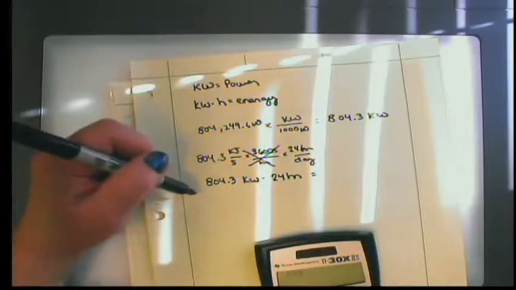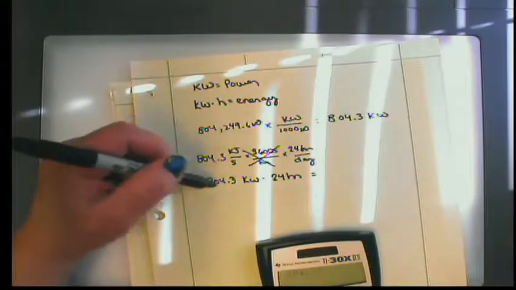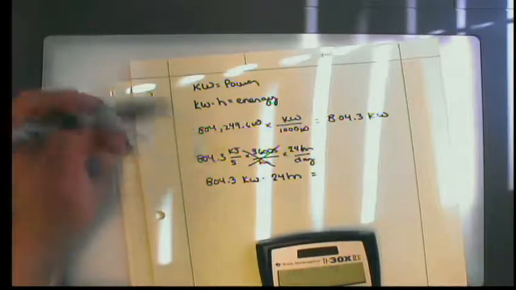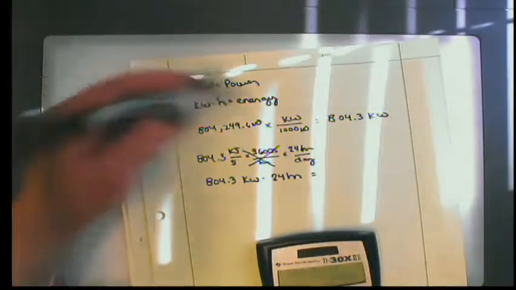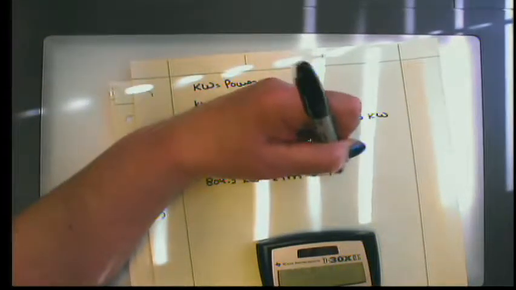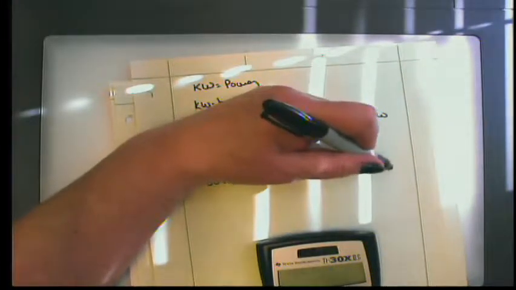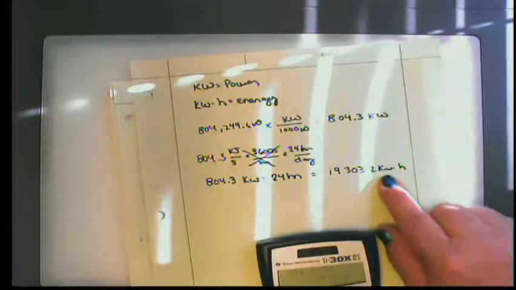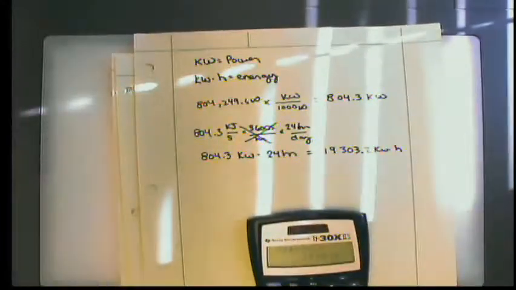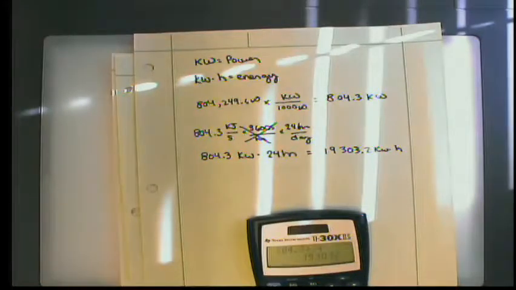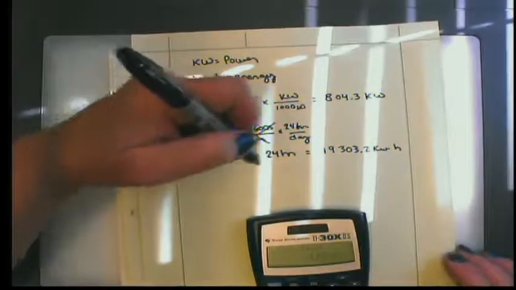So the answer is 804.3 times 24 is 19,303.2 kilowatt hours generated in one day. And I'm told that the price is 0.09 cents per kilowatt hour.